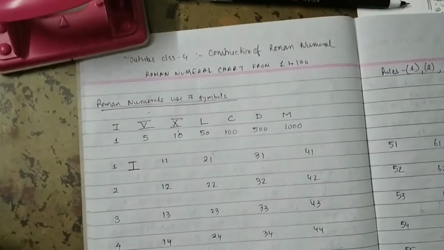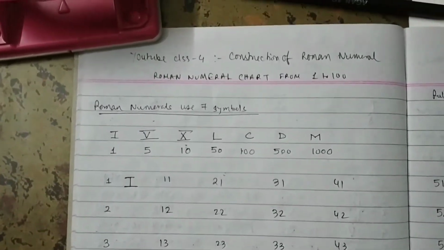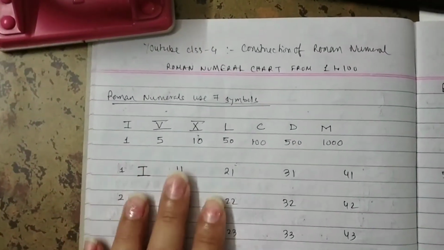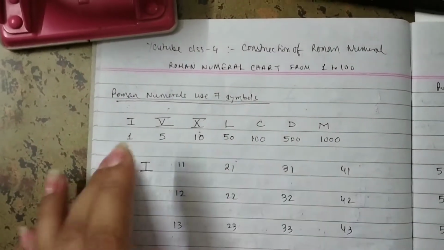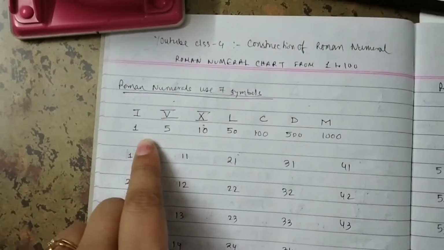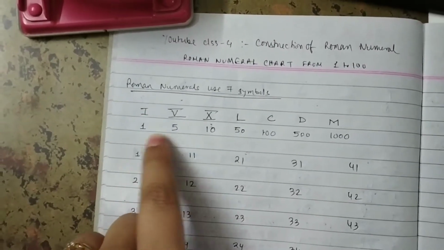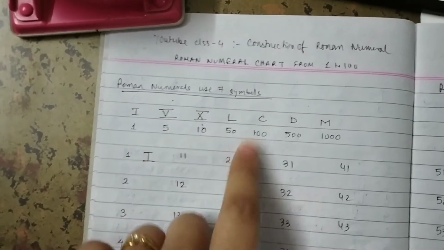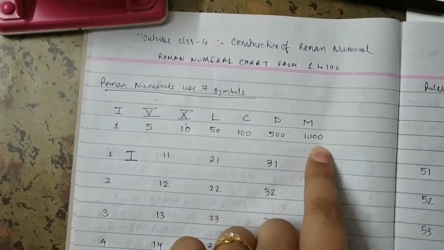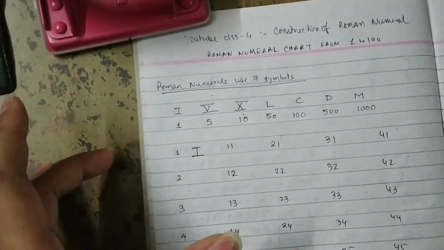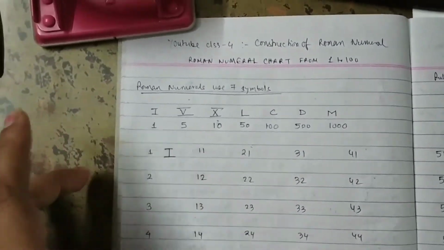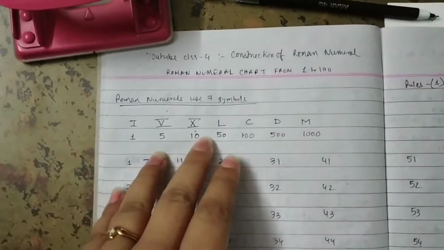Now guys, just see one thing: the symbols are used in a pattern. For 1, I is used. Then 5, then 10, then 50, then 100, then 500, then 1000.